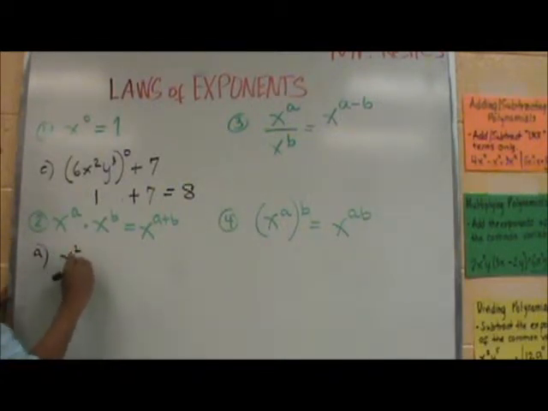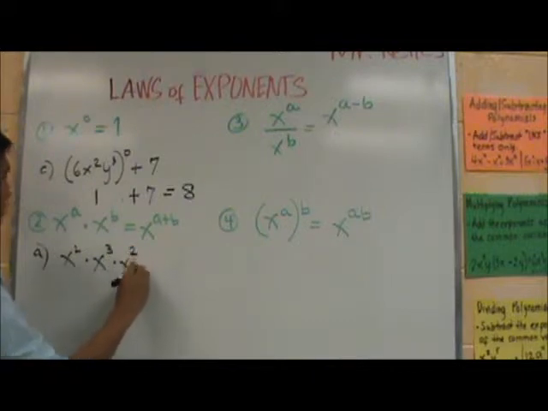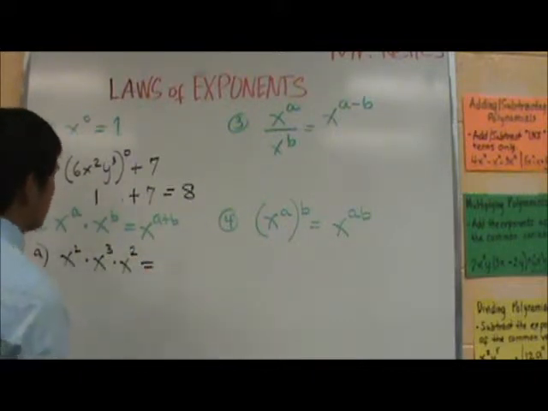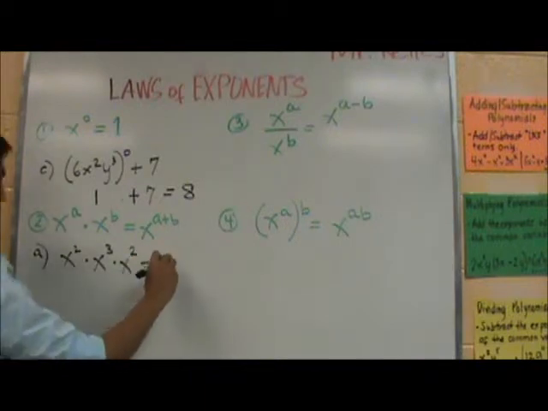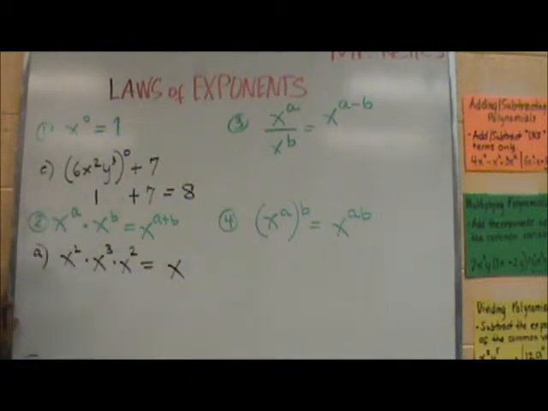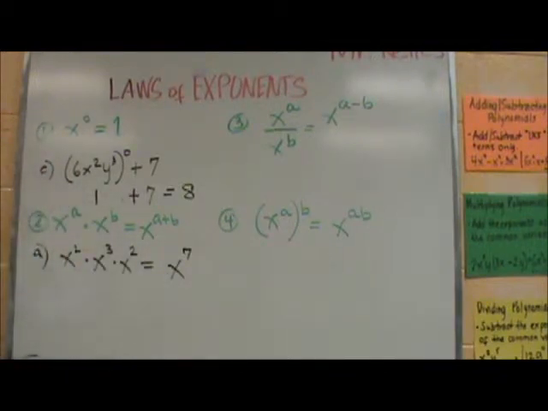X squared times x to the third times x to the second power. Once again, we're multiplying the same variable x. So I'll go ahead and copy the common variable and add the exponents, and that would be 2 plus 3 plus 2 is equal to 7. X to the 7th power is the final answer.